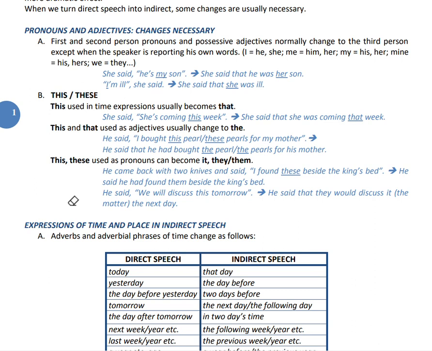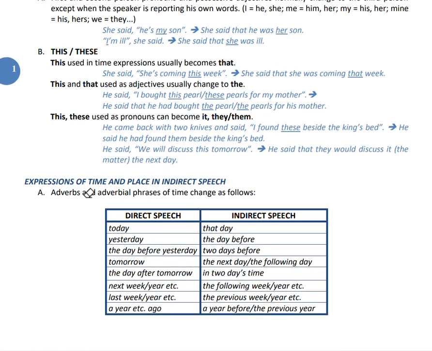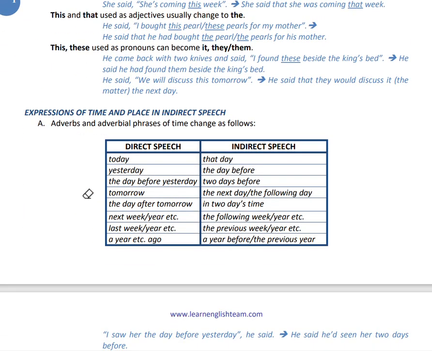And he said, "We will discuss this tomorrow." He said that they would discuss it, the matter, the next day. Got it? Perfect.